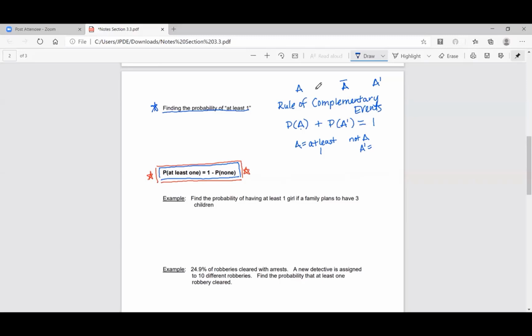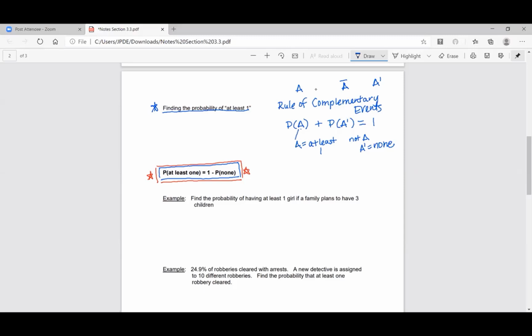I want you to think about it. If I said you had at least 1 A on your report card, if you did not have at least 1 A on your report card, the complement of at least 1 is none. If you have at least 1 car, if you don't, then you have no cars. I say none. You could also say no.